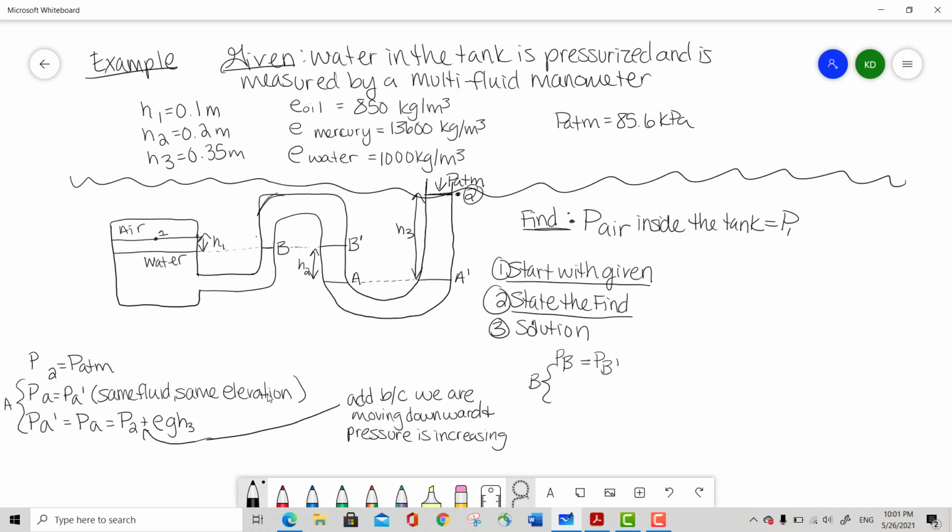Because it's the same pressure. We're concerned about pressure. Same fluid, same height. And then what does that mean? That means that what is the pressure at B prime?